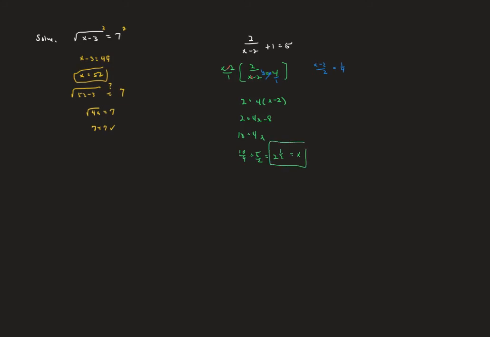Now, the only thing we have to watch out for here is that our answer does not make us have a 0 in the denominator of the original, but that's not going to happen, so we can have confidence in that solution.